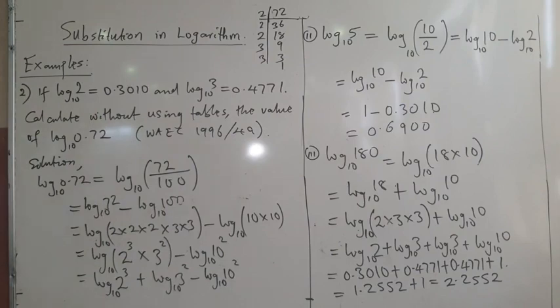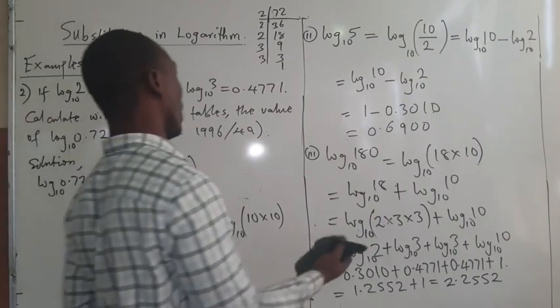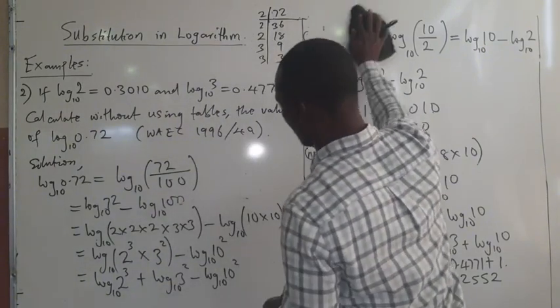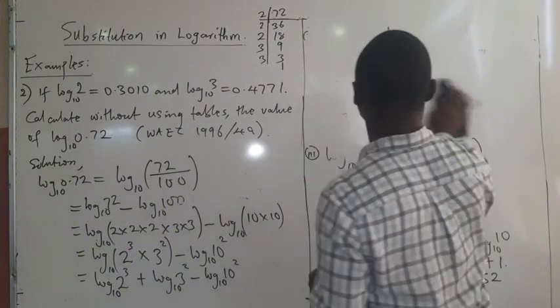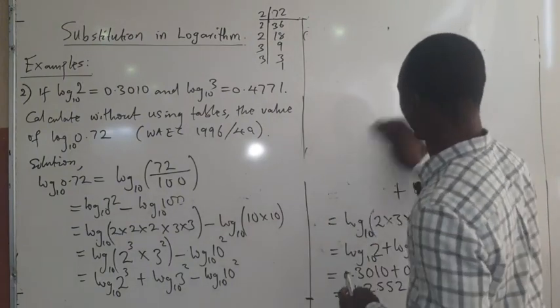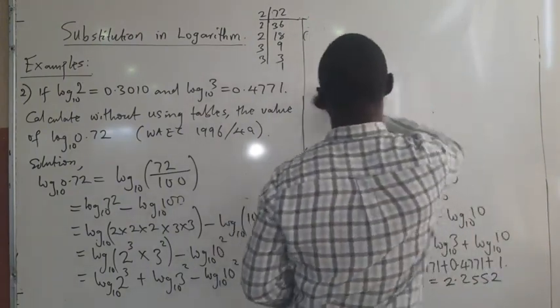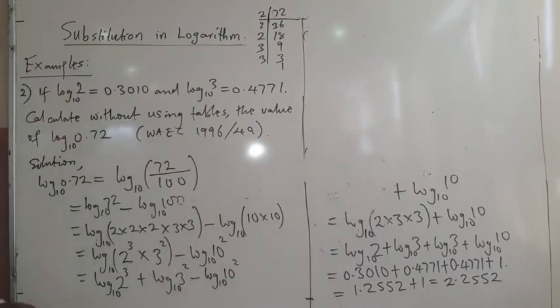So the next thing to do is to simplify. We are going to apply another law of logarithm, that is, we call it the power law of logarithm. What you are going to do here is to bring down the power to the front of the log. That is, the power here will multiply the log.